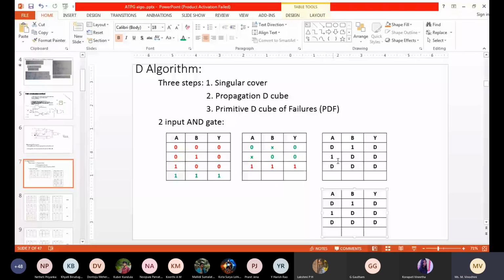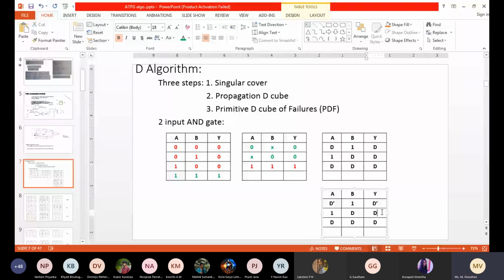Next, we can get one more propagation D cube also for this. If I explain that, it will be a confusion. So what I'm telling is how to get the other propagation D cube with whatever you have already got. Listen here, this one and all you should keep as such.